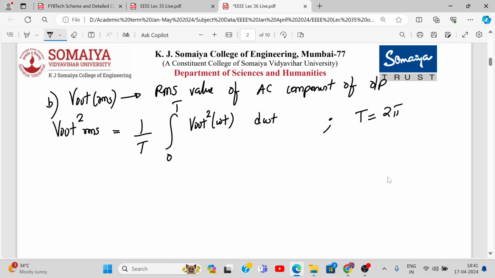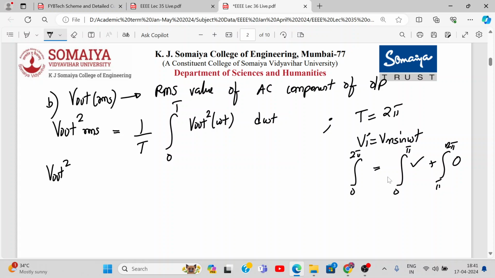Again here Vi is Vm sin omega t, and from 0 to 2 pi, 0 to pi only we have to consider, plus pi to 2 pi is 0, correct? So let's write V out square RMS is equal to 1 by 2 pi. Here it is 0 to 2 pi.